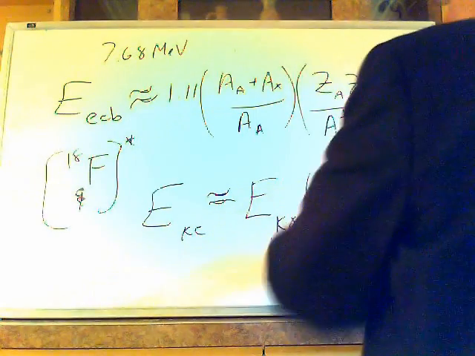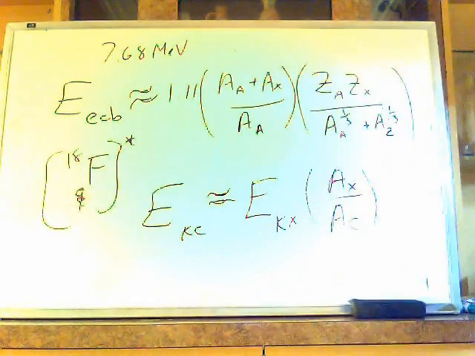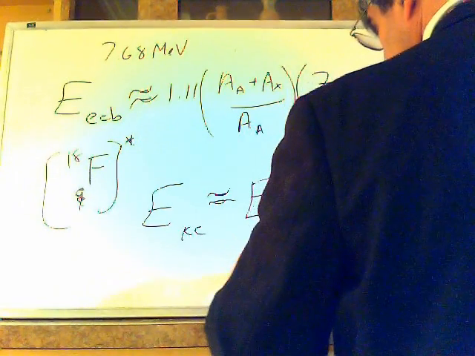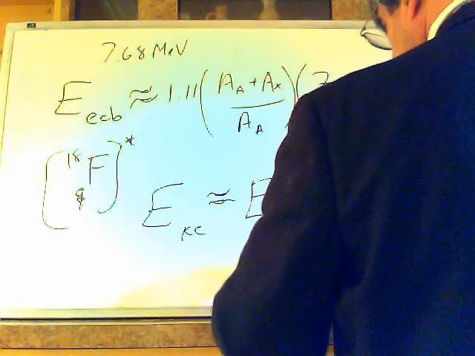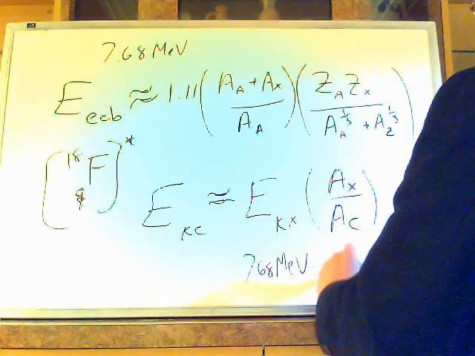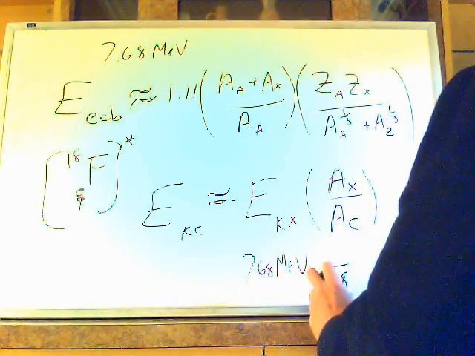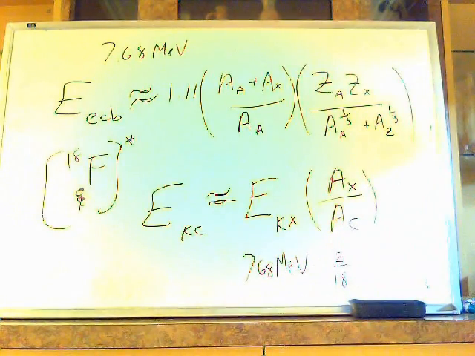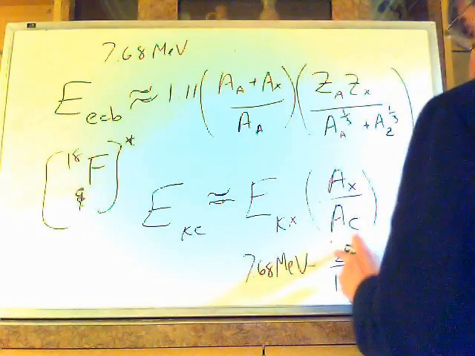So in this case, the energy of the projectile was 7.68 million electron volts times A sub X over A sub C. A sub C is 18. A sub X is 2. No, I'm sorry, it's 4.